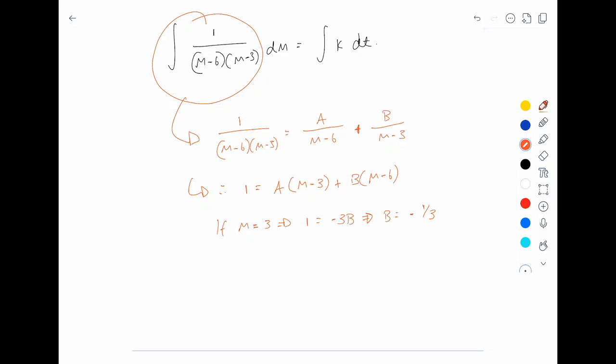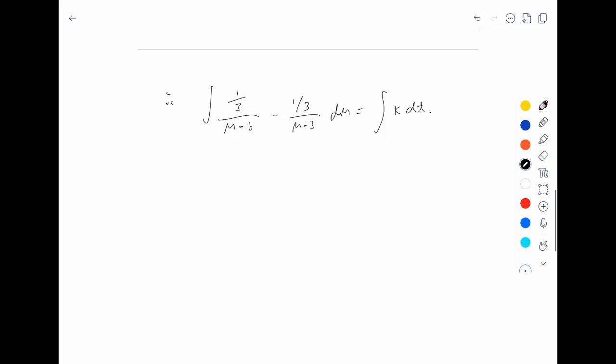Therefore, if n is equal to 3, then 1 is equal to −3b, which means that b is equal to −1/3. And if n equals 6, therefore 1 is equal to 3a, which means a is equal to 1/3.